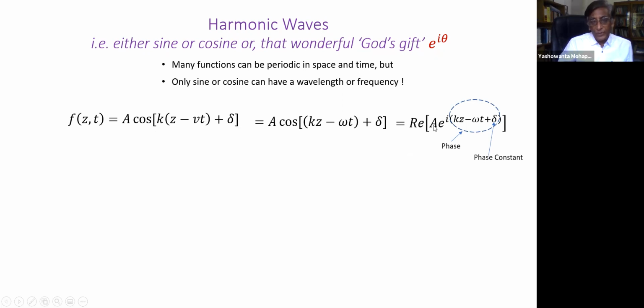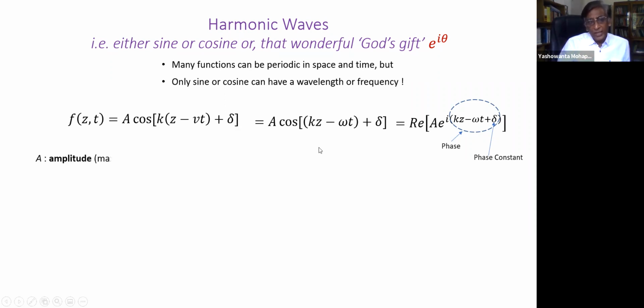So a wave solution has an amplitude, and there is a phase which changes with space and time. This is what actually captures the periodicity of the wave function, its variations in space and time. And this is a phase constant, which you can set to 0 for convenience by setting your reference origin.